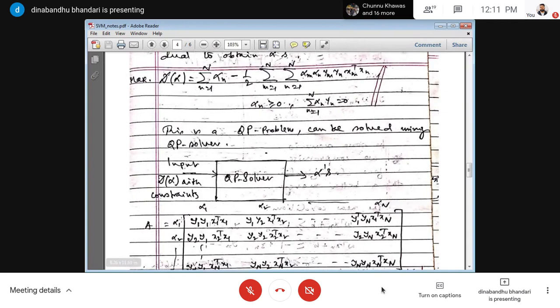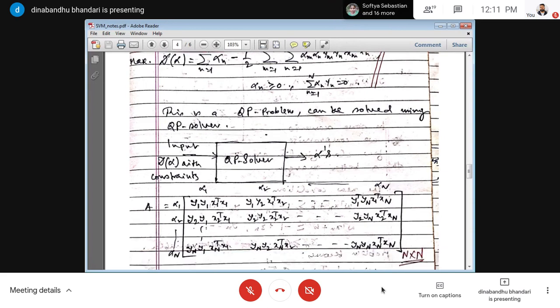The coefficient of alpha 1 alpha 1 is y1 y1 x1 transpose x1. The coefficient of alpha 1 alpha 2 is y1 y2 x1 transpose x2. The coefficient of alpha 2 alpha 1 is y2 y1 x2 transpose x1. Since it is a dot product, x1 transpose x2 and x2 transpose x1 are the same. So this matrix comes up, and we can generate it to obtain the coefficients of the quadratic terms with a minus half.